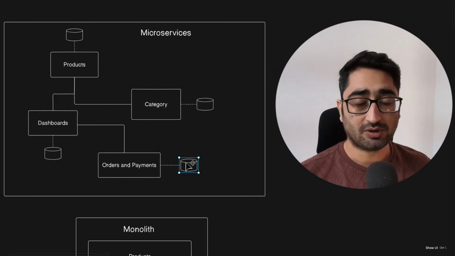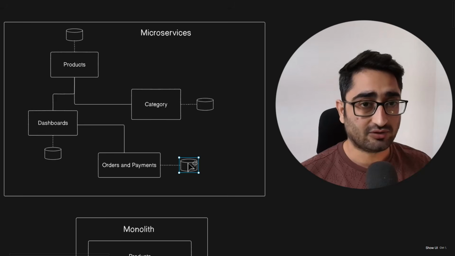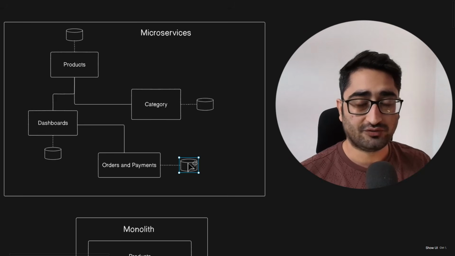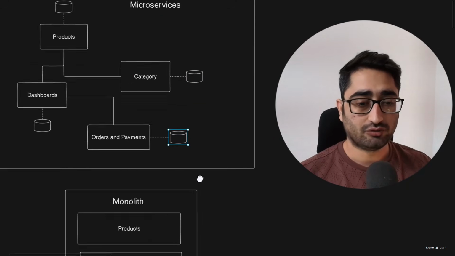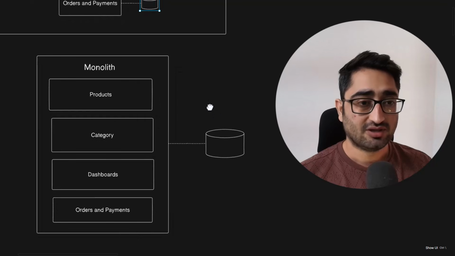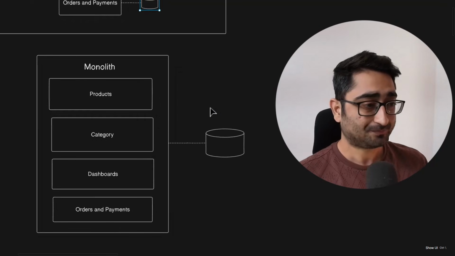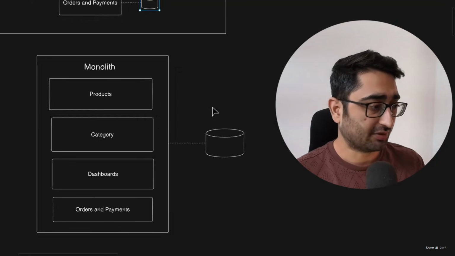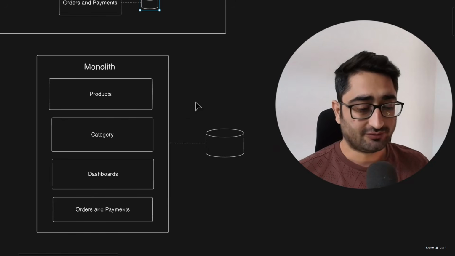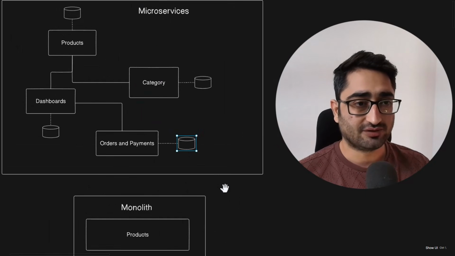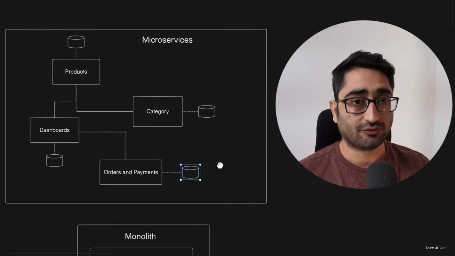If there are additional modules that come up, they are going to come in the form of different services. But with monolith, you have the same application add and maintain all the other modules that are being added. So this is what a monolith application is, and this is what microservices is.